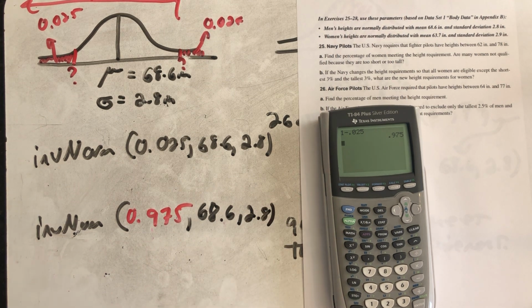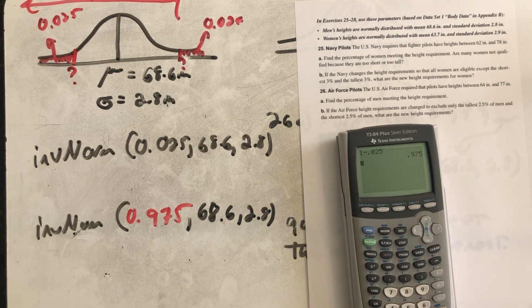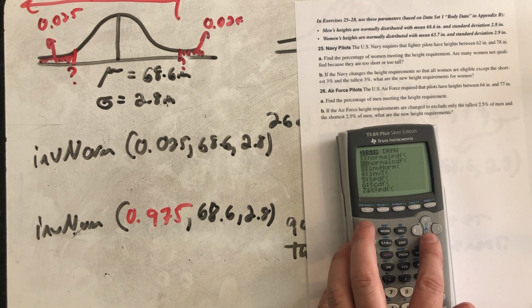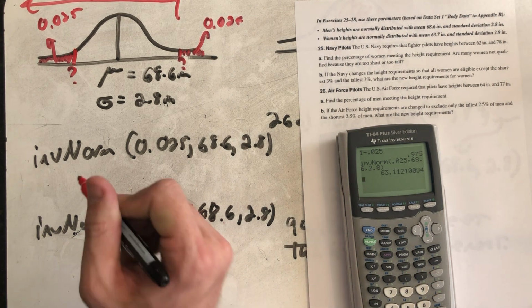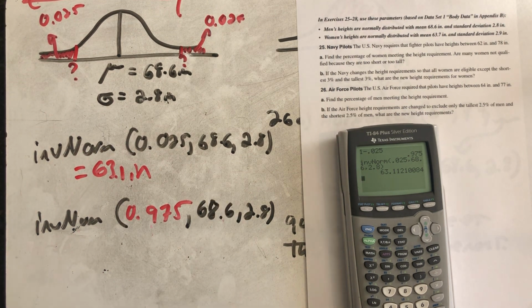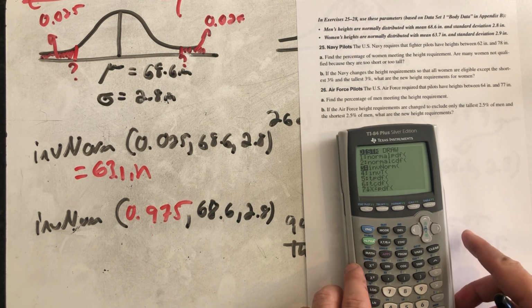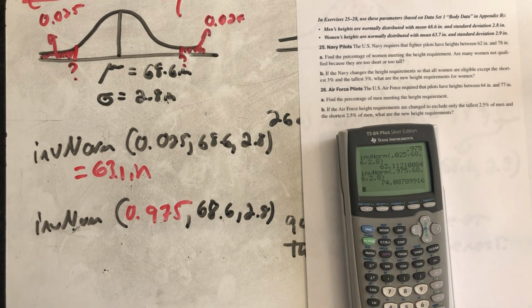All right, so 2 inverse norm calculations, that's going to give us 2 heights. I'm going to round these to 1 decimal place when I'm done, just following our typical round-off rule. 63.1 and 74.1.